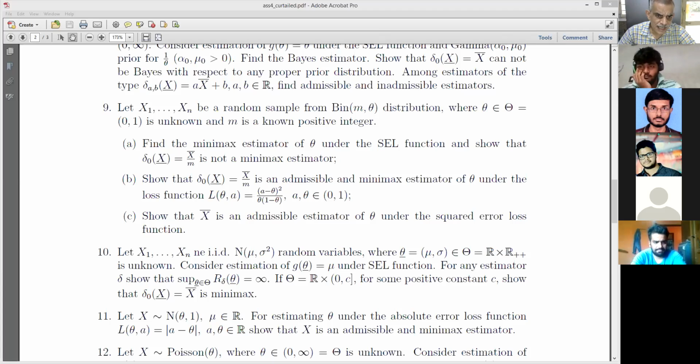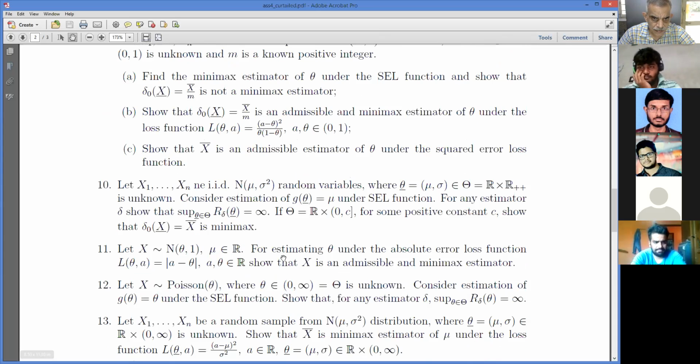Now, when mu naught was also there, there would have been a mu naught over here. So what you get in this case is that the supremum risk of any estimator delta would always be greater than or equal to the average risk of delta. But the average risk is always minimized by the Bayes estimator. So the average risk of delta would always be greater than or equal to the average risk of the Bayes estimator.